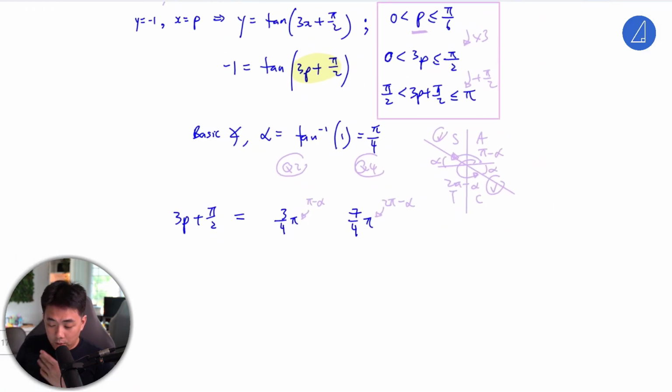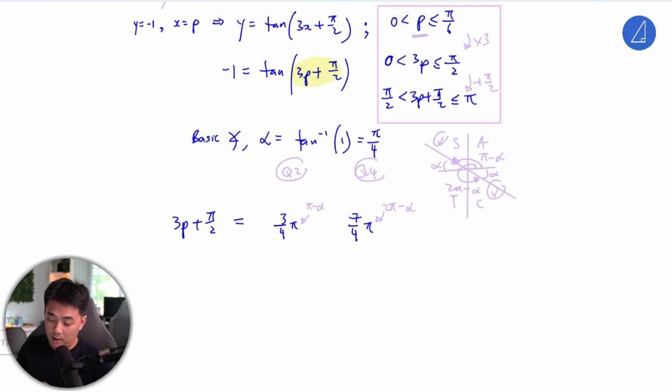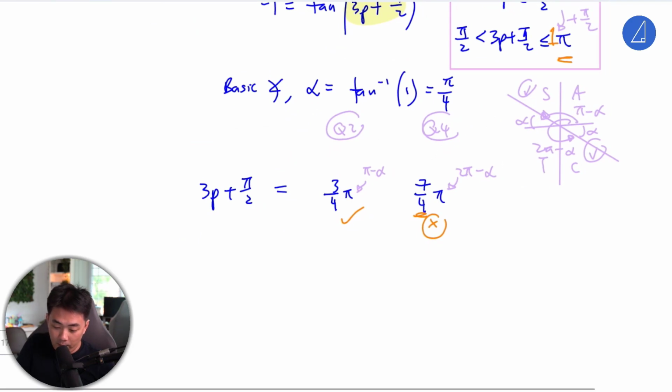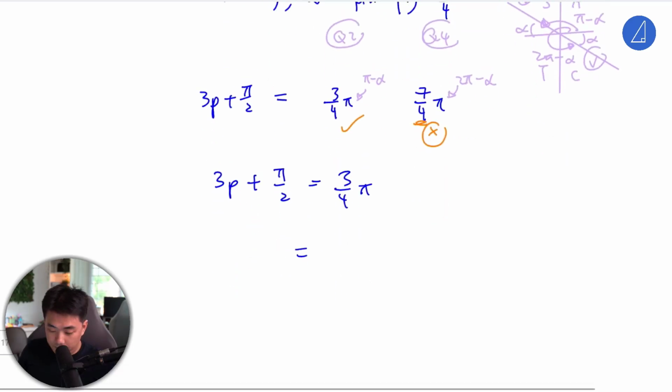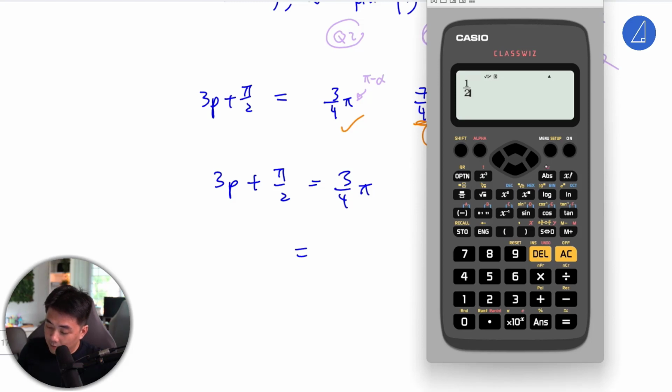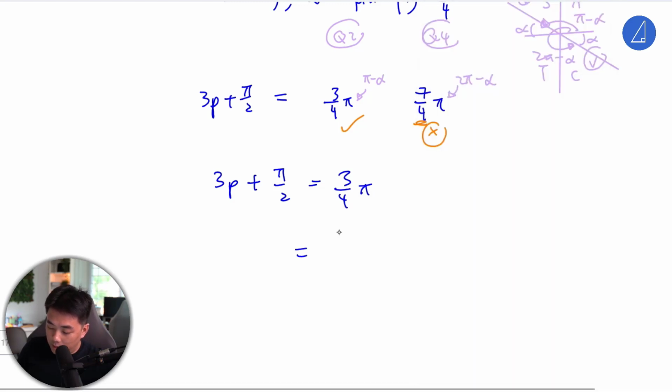Great. Now you need to examine which angle lies between this range, pi over 2 to pi. If not, you need to add 2 pi to the angle to find it. We know that 7 over 4 is definitely more than 1 pi, and 3/4 pi lies within the range. So this is the angle that we're looking for. In this case, 3p plus pi over 2 equals 3/4 pi. Then 3/4 minus half will be 1/4 pi.